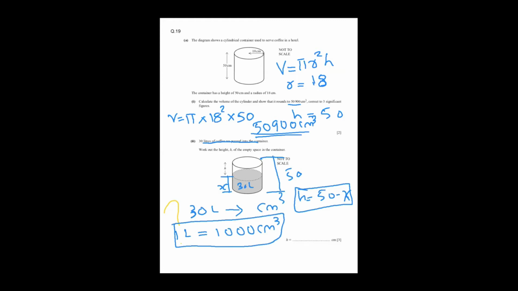So you should remember this. Now we have 30 liters, so 30 liters is basically 30 multiplied by 1000. That means 30,000.